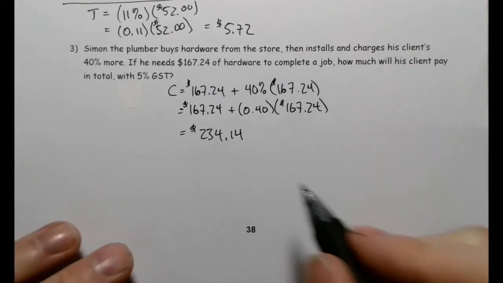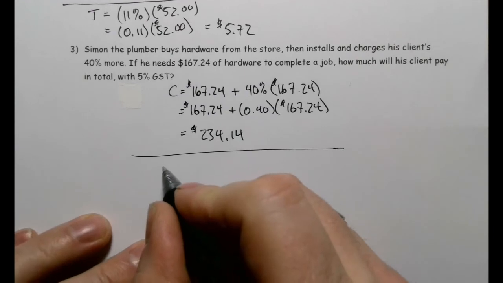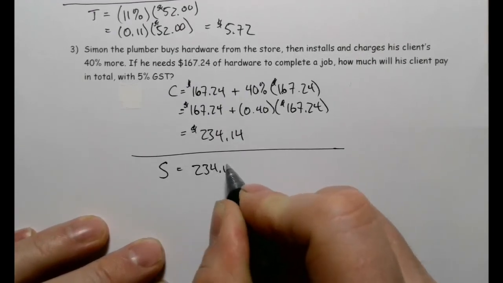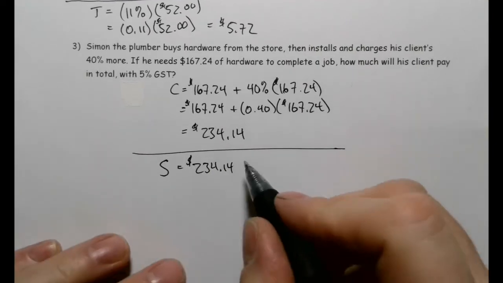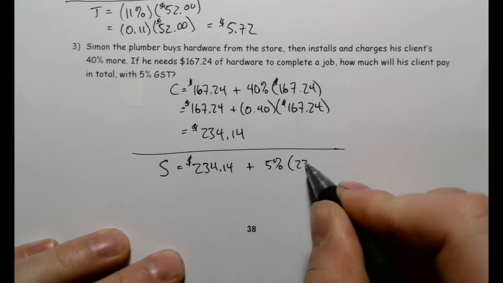If he needs $167 of hardware to complete the job here, I'm assuming that we're charging more for that, and then the 5% GST on top of that, as opposed to calculating the 5% on this when he buys it, and then the 40% more to sell to his client. It's not 100% clear what the order here is, but that's okay. We can even do it the other way if you really wanted to see it.